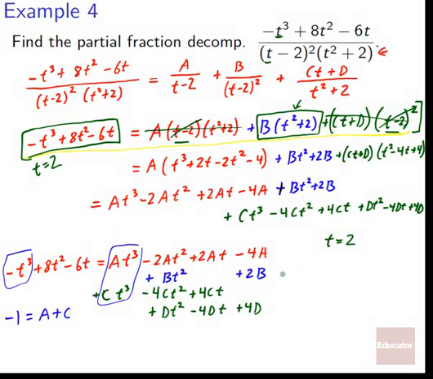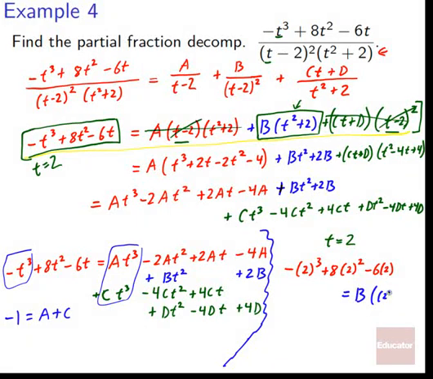So we plug this in, and we know that on our left side, we're going to have negative 2 cubed plus 8(2) squared minus 6 times 2 equals, sorry, not quite a lot of room here. I'm going to draw in a line just so we don't get confused, equals b times 2 squared plus 2.